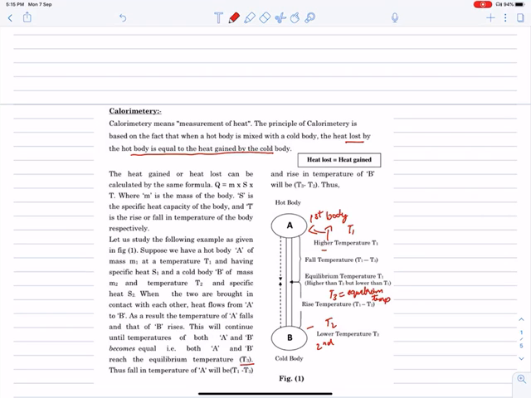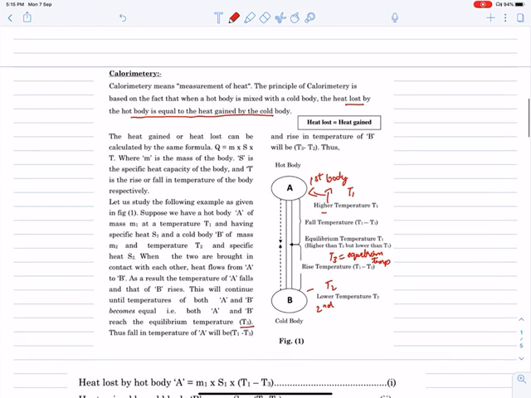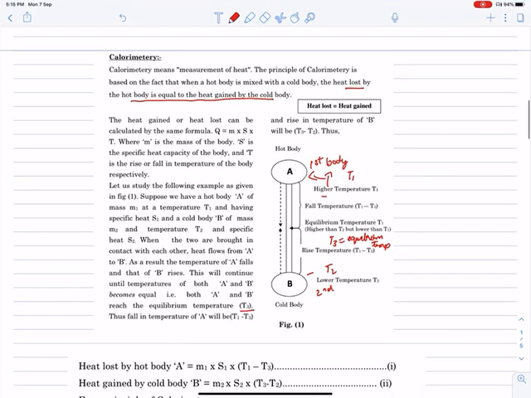It is very easy to understand. Now obviously when one body loses heat, we will say heat lost by body A, and B is gaining heat, so we will say heat gained by body B. So obviously the first body will lose temperature, so there is a fall of temperature. T1 is obviously higher and T3 is lower, so the fall is T1 minus T3.